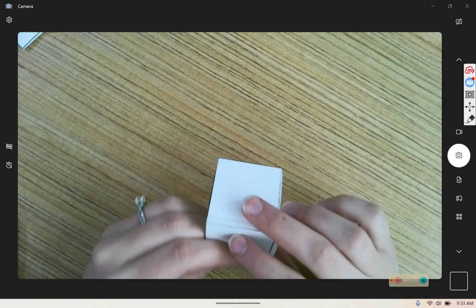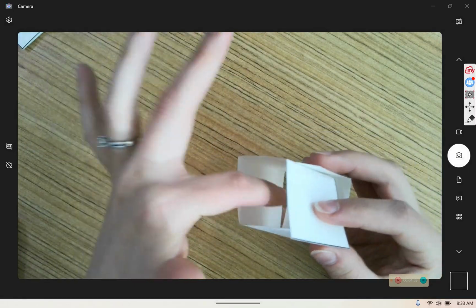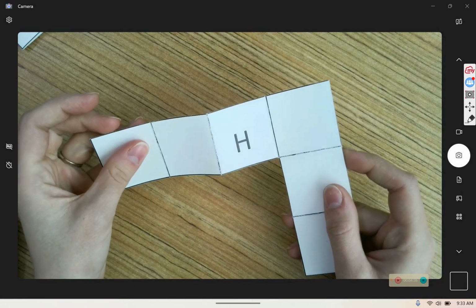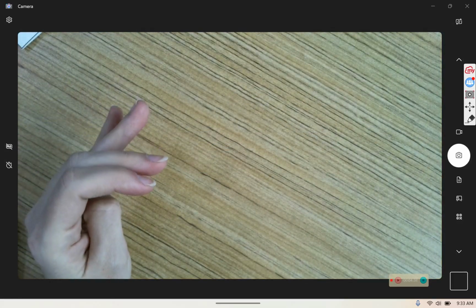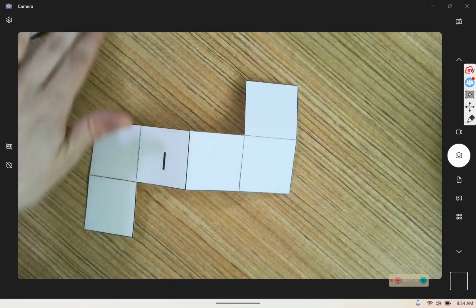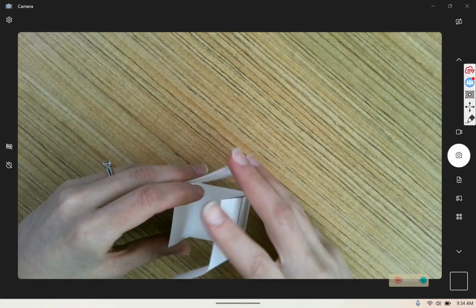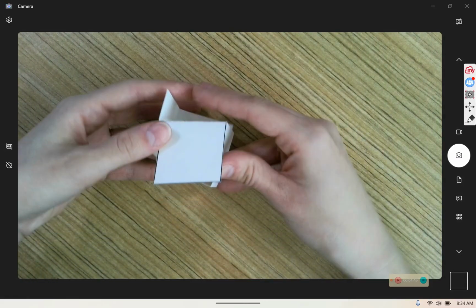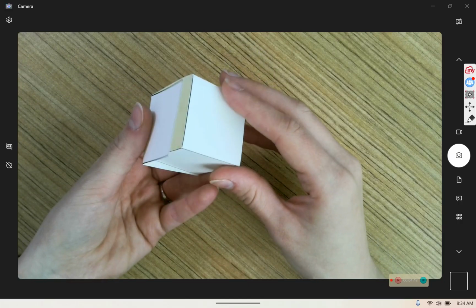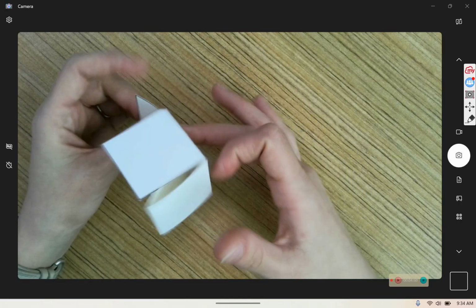Oh, it overlaps in one spot and leaves an empty hole, so H is not going to be the net of a cube. I. Yes, all faces of I close to make a cube.